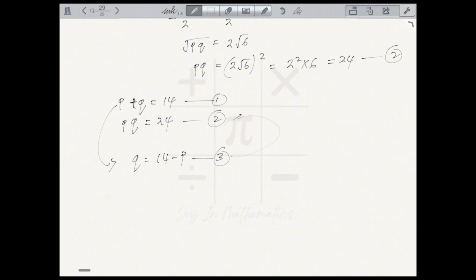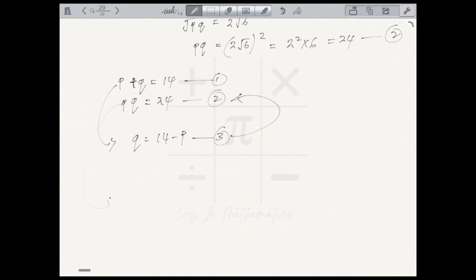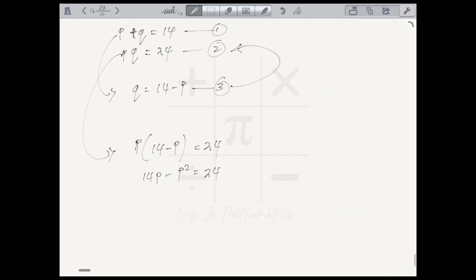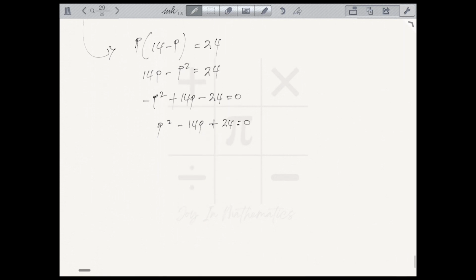We substitute equation 3 into equation 2, and the resulting equation will give us p into 14 minus p is equal to 24. So if you solve this, we have 14p minus p squared is equal to 24, and if we bring them all together, minus p squared plus 14p minus 24 is equal to 0. Therefore, p squared minus 14p plus 24 is equal to 0. This involves multiplying the line by minus 1.